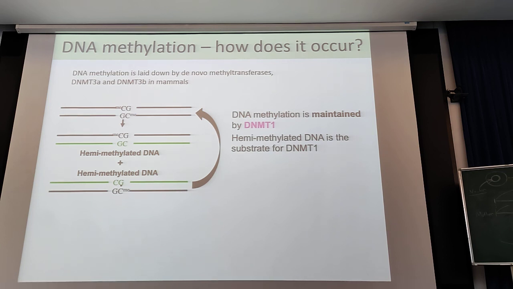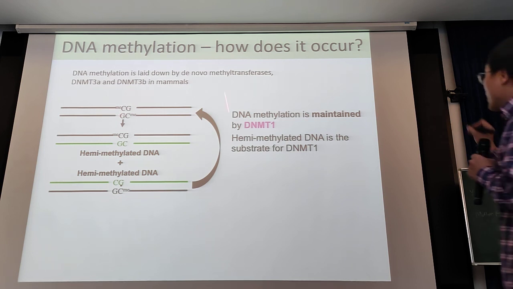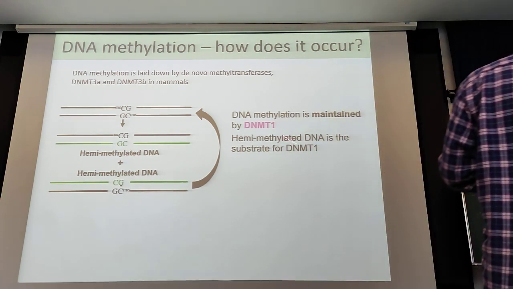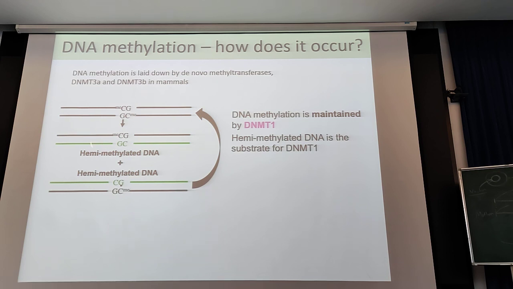Okay? For example, here we have double-strand DNA undergoing mitosis, and we have two CGs, where the C inside was methylated. When it divides, an enzyme called DNMT1 will methylate the C here, so that the DNA methylation is maintained during mitosis.